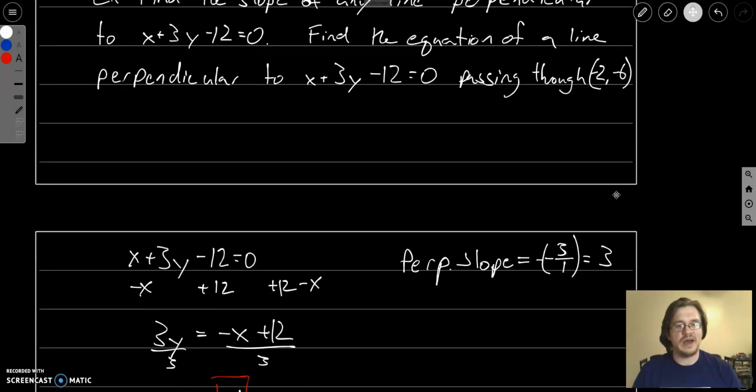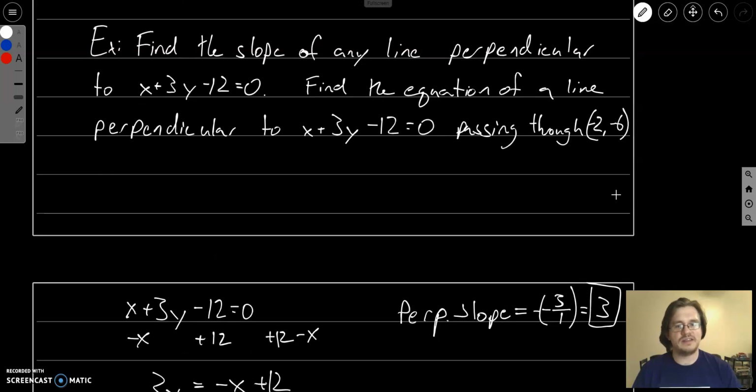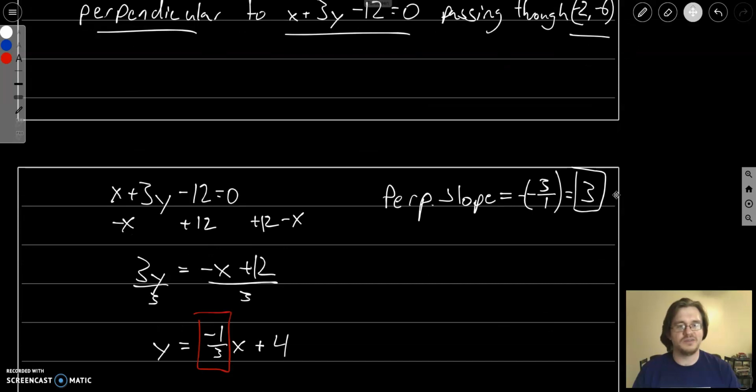So we now have the slope, and if we want to find the equation of a line perpendicular to this guy, well, we know it has to have slope 3, and if it's passing through this point, well, we've got a formula for that.